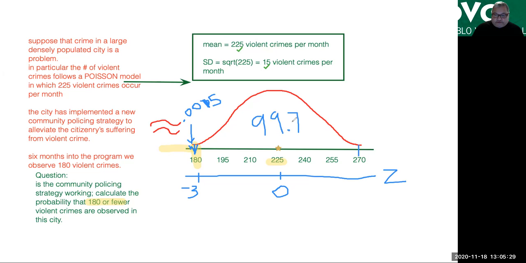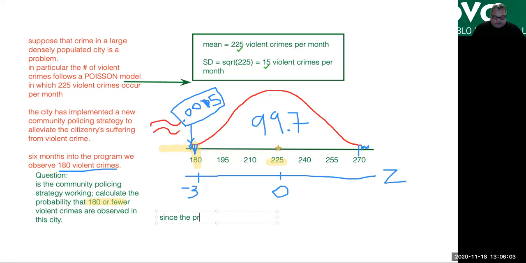And that means that the leftover is 0.3%, and half of that would be above 270 crimes, and half is below 180. And so I'm estimating that my probability for this answer is super low. It's nearly impossible. It's 1 to 2 in 1,000. The chance that crime has gone down to 180 events per month just randomly. It's nearly impossible for that to happen just randomly.